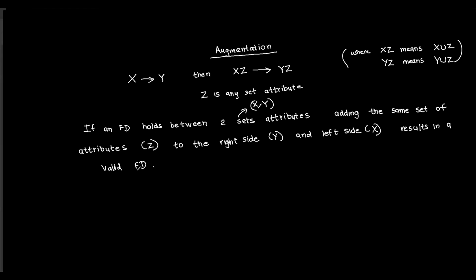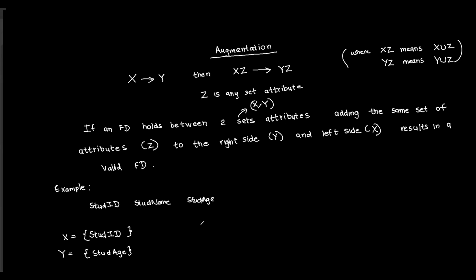Let's use the last example again, the relation that we used last time. The example was we had stud ID, stud name, and stud age. Let's say in this case the given FD is X equals stud ID, and Y equals stud age.